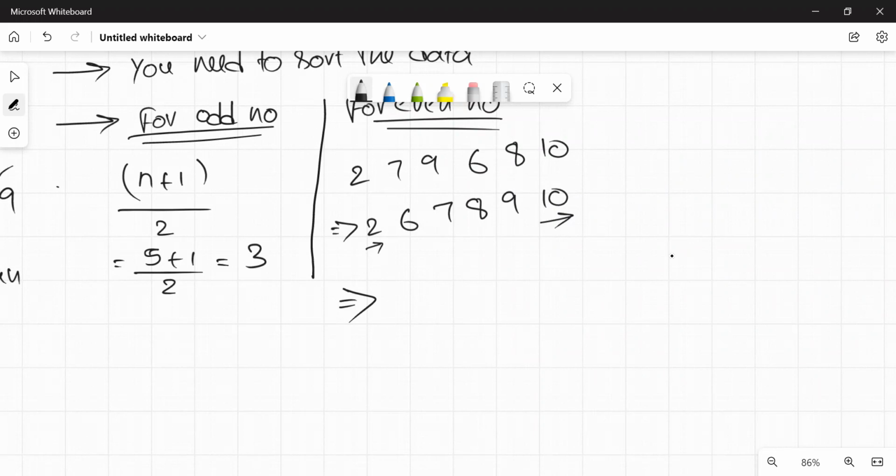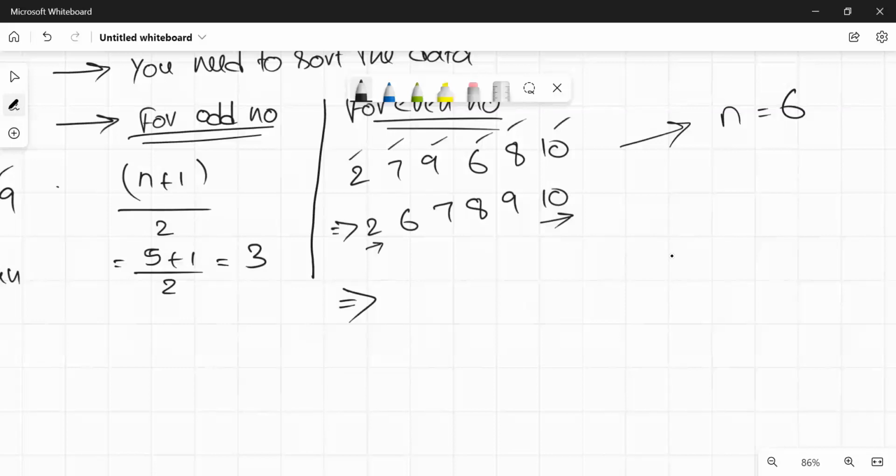How do I know whether this is even or odd? Just count the values: 1, 2, 3, 4, 5, 6. In total there are 6 data points, and 6 is an even number.